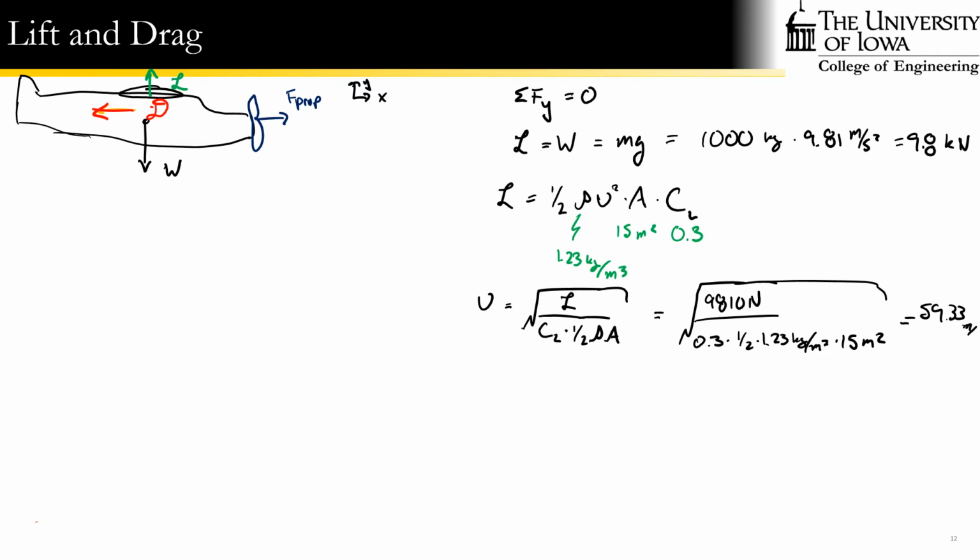For those that think in imperial units, that works out to about 133 miles per hour. So a pretty moderate cruise speed for a small aircraft.